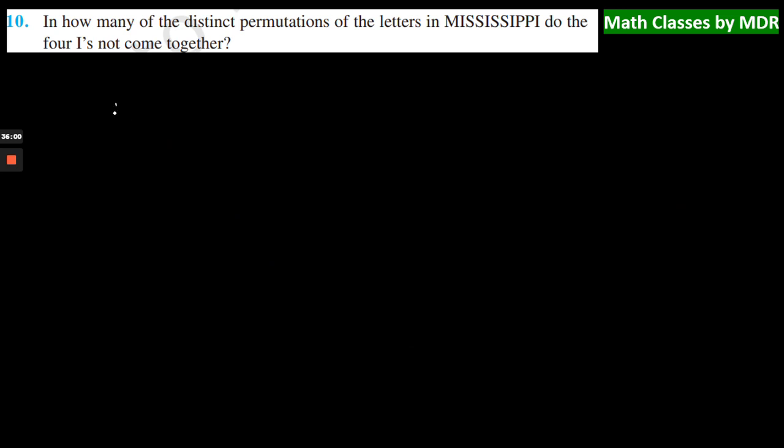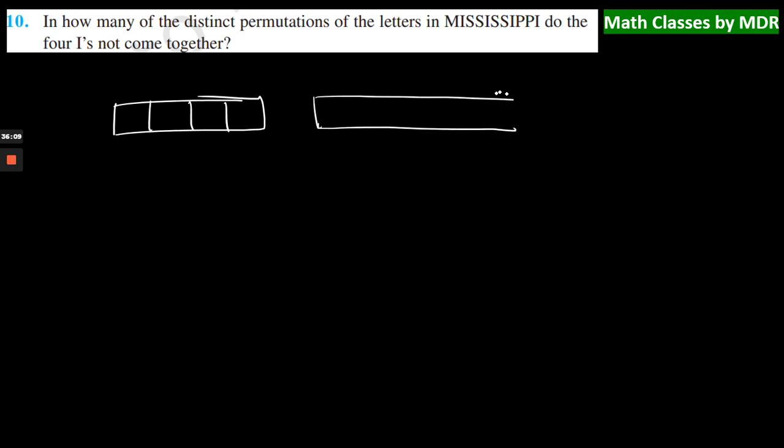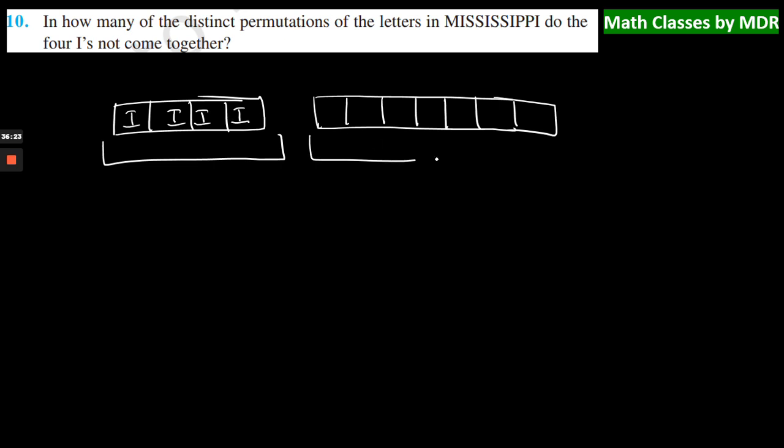In order to understand that, let me draw a box here with 4 i's, 1 2 3 4, and the remaining 7 letters we have here, 1 2 3 4 5 6 7. Okay, so now all i's are together here, and all remaining 7 letters are here, right?